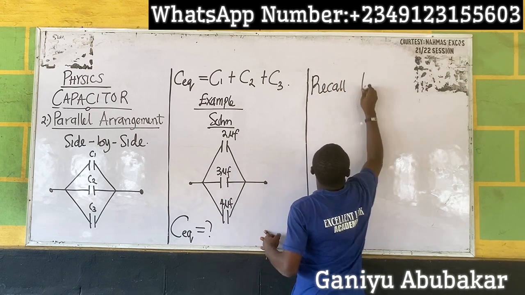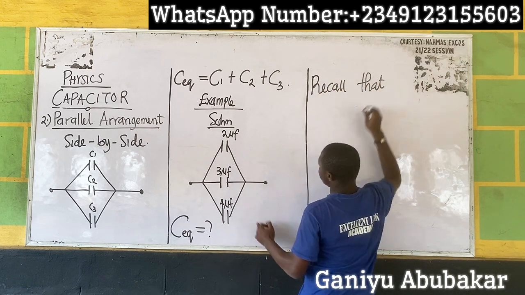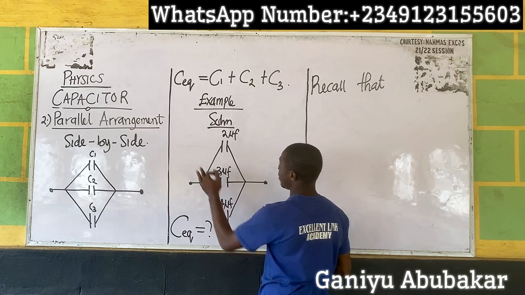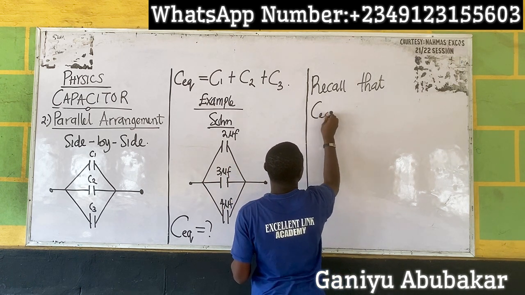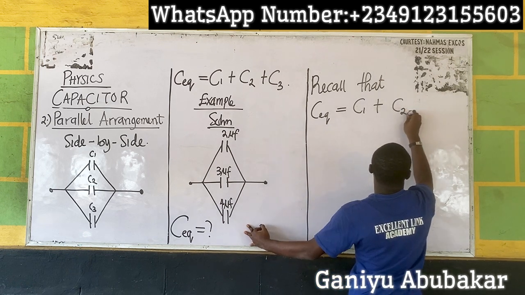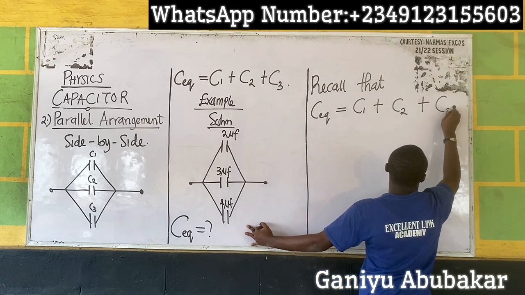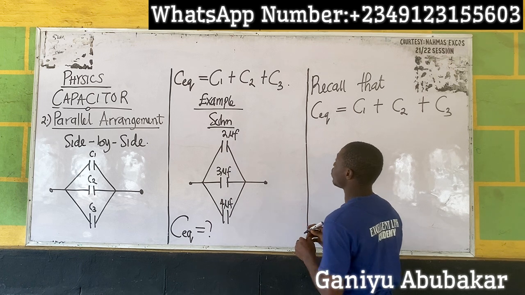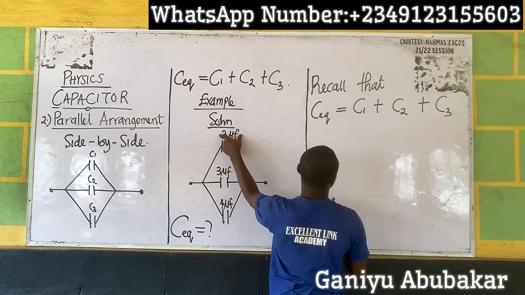Recall that for a parallel arrangement of capacitors, I have that CEQ equals C1 plus C2 plus C3. It's easy. What's C1? Your first capacitor.